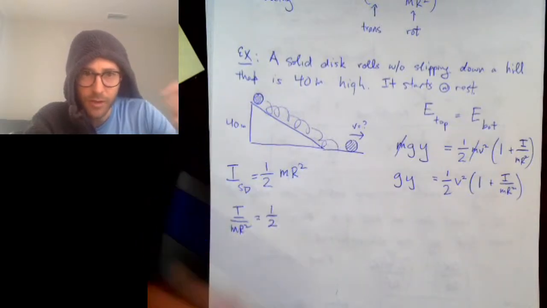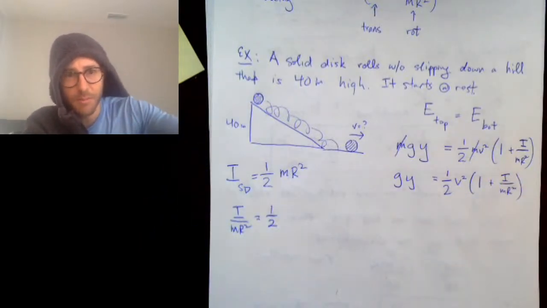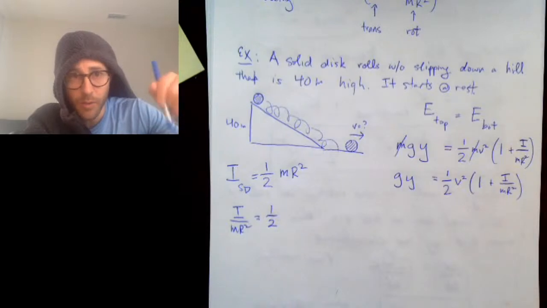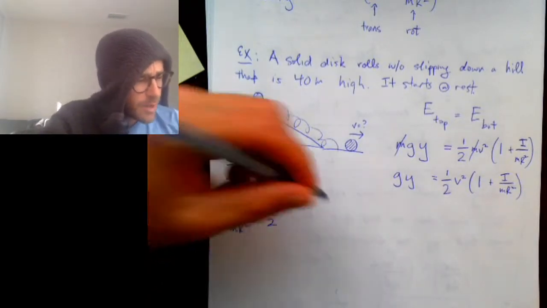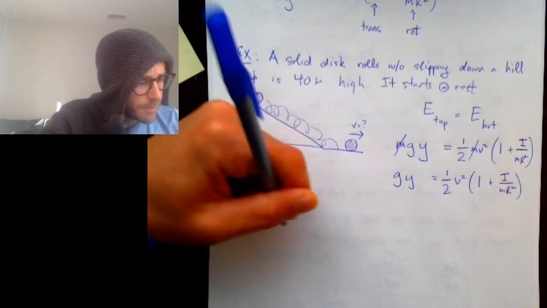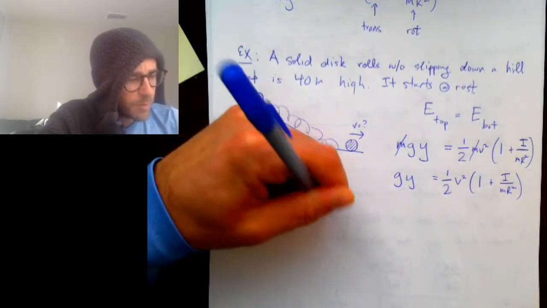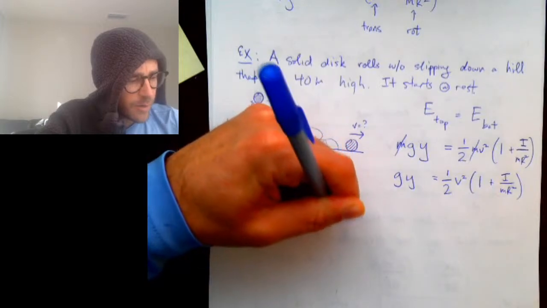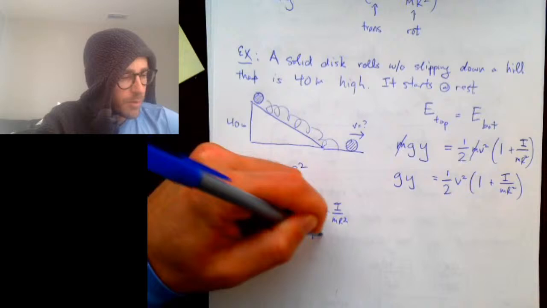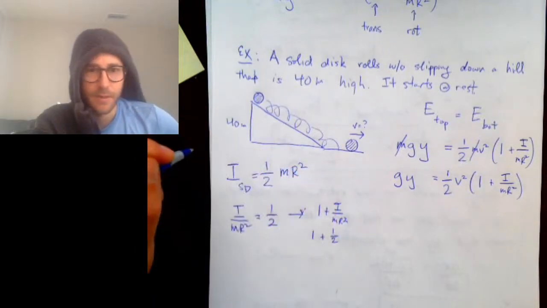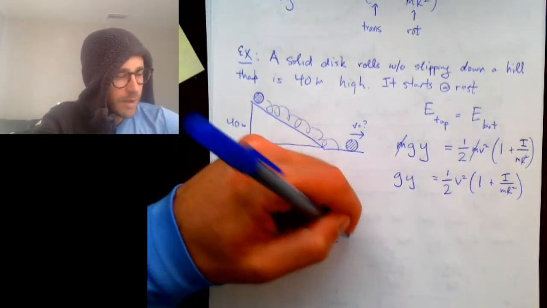Just like with roller coaster problems, it didn't matter what the mass of the roller coaster cart was. So that means that 1 plus I over mr squared is going to be 1 plus 1/2, which is 3/2.